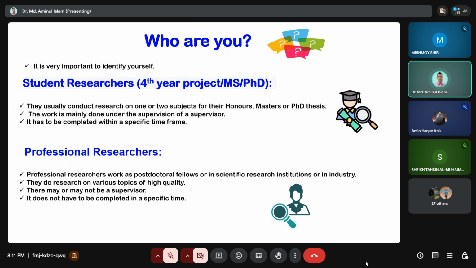The work is mainly done under the supervision of a supervisor, and it has to be completed within a specific time frame. On the other hand, professional researchers are those who do postdoc or work in a scientific institution. So today's talk involves fourth year project or MS research.